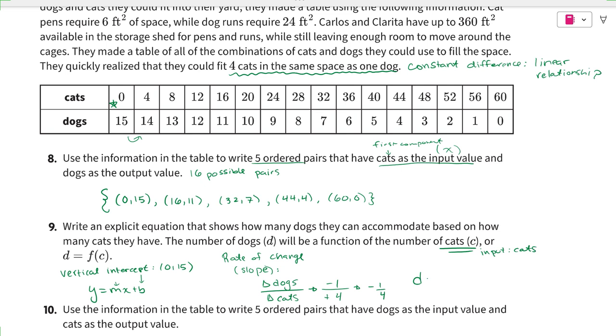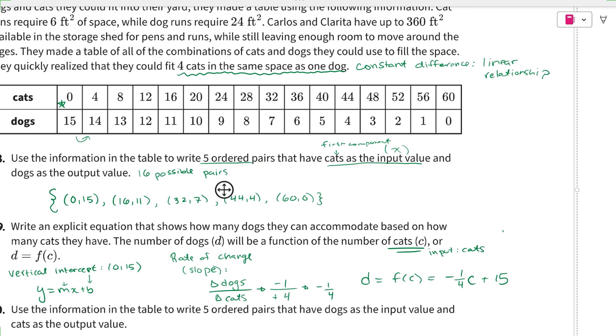So I'm going to do d equals f of c equals -1/4 c plus 15. And if you're not confident in this, pick one of the numbers from above and plug it in and double check. So let's check this. Let's check with 20, 10. Those are nice numbers, right? If we have 20 cats, that means we should have 10 dogs.